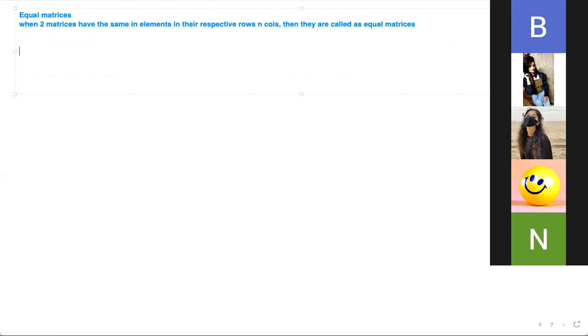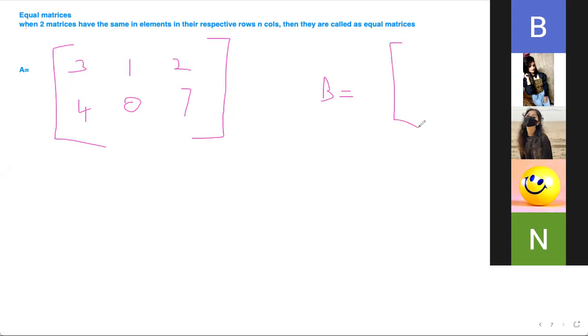Here, what are equal matrices? A is equal to 3, 1, 2, 4, 0, 3, 2, and 2. B is equal to 3, 1, 2, 4, 0, 7.